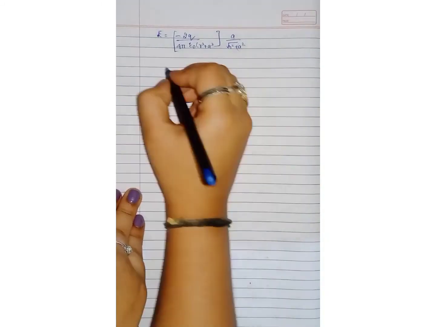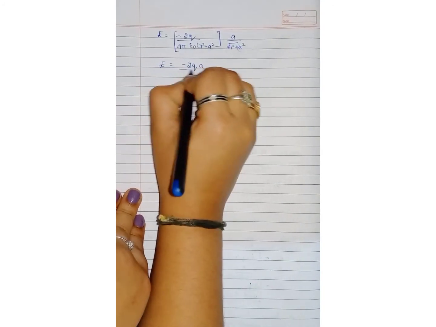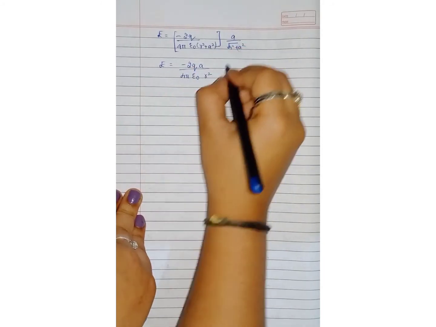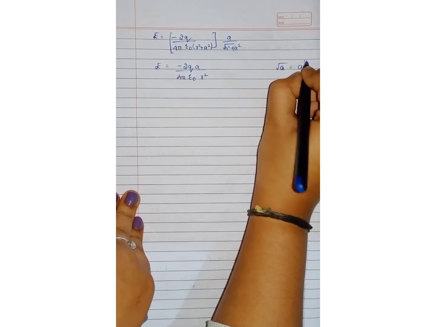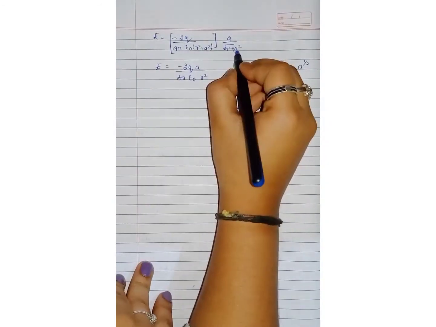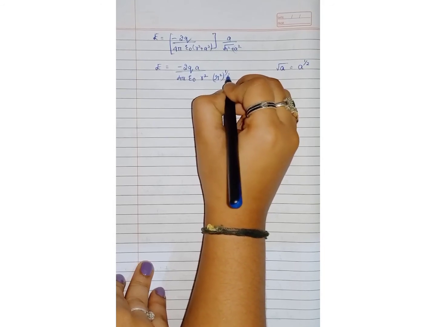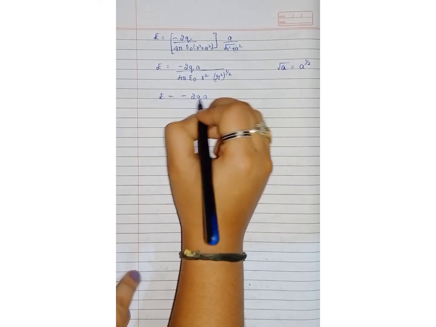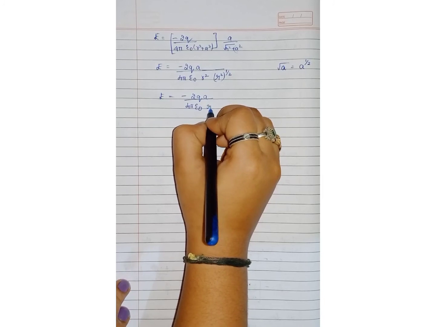So on removing it, E is equal to minus 2qa by 4 pi epsilon naught, r square remains the same, and root can be written as power 1 by 2, so r square into 1 by 2, giving E equal to minus 2qa by 4 pi epsilon naught r square.